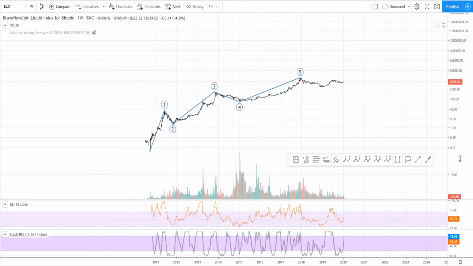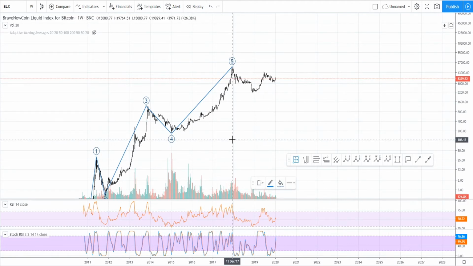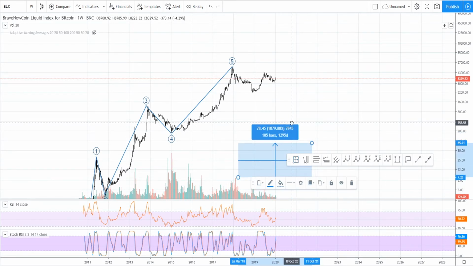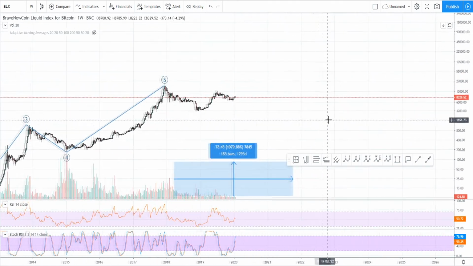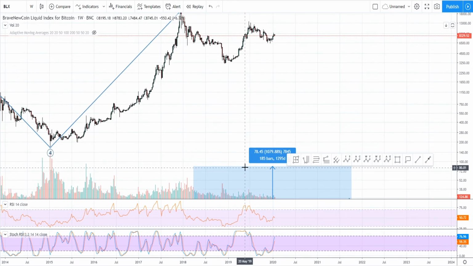So we could maybe expect this whole major wave to last 1,300 days, which would be something like this, right? Oh, yeah, something like this. And this could fit very nicely.